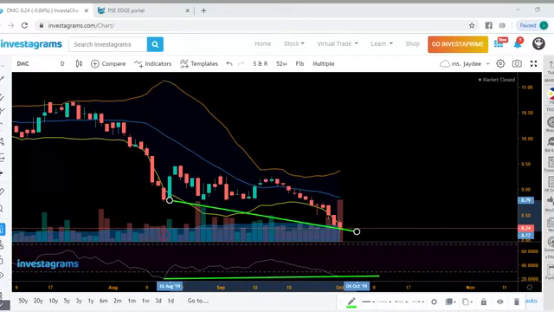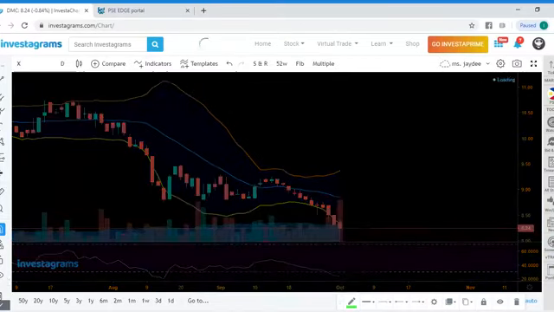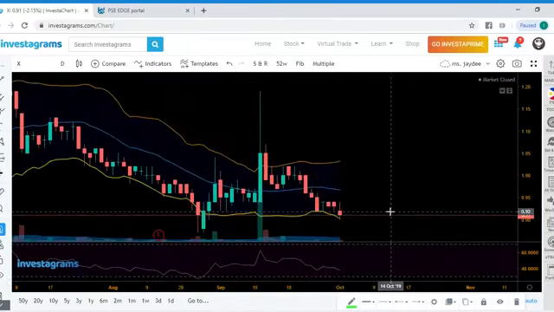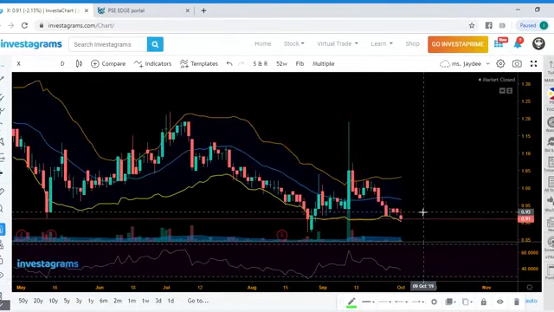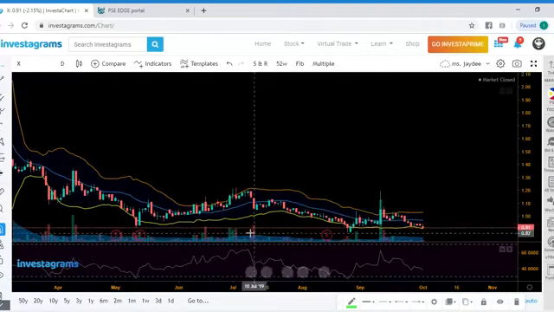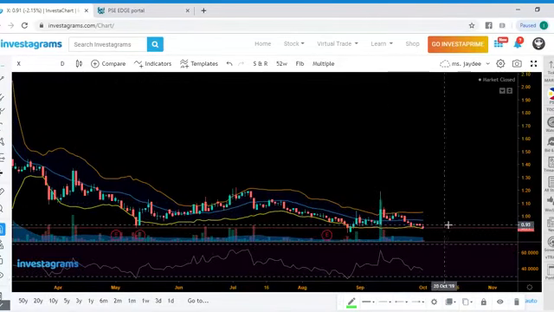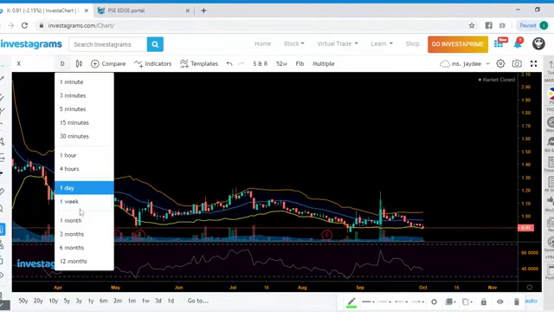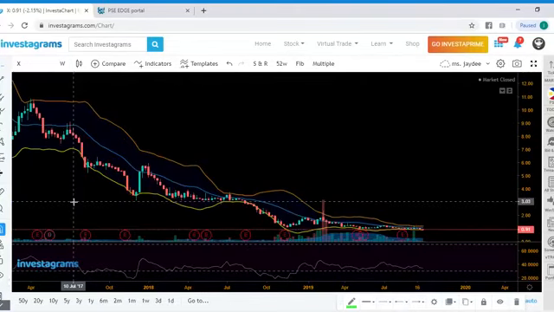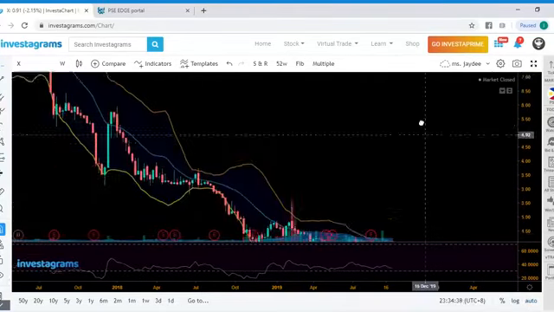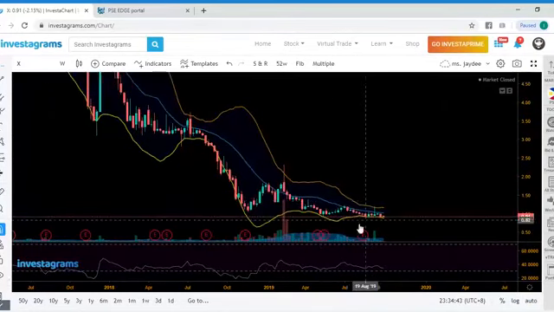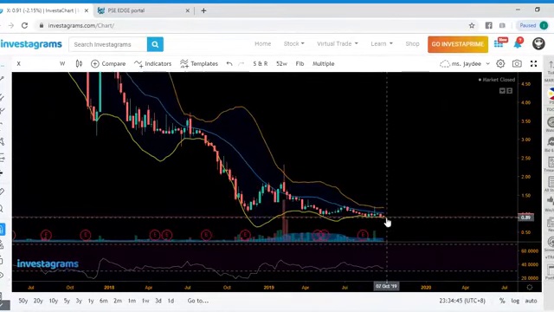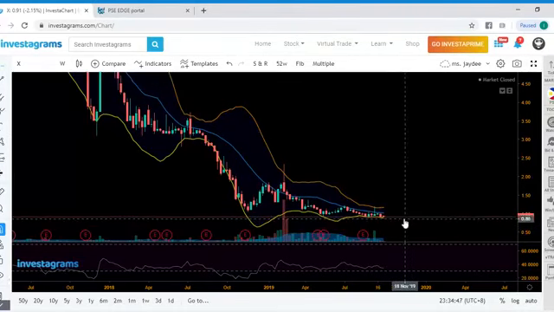Next would be X. X is not yet safe. Trying to do some sideways here. Let's look at the weekly chart. We're just waiting for that big volume to start spiking up before it gives us a good bounce.